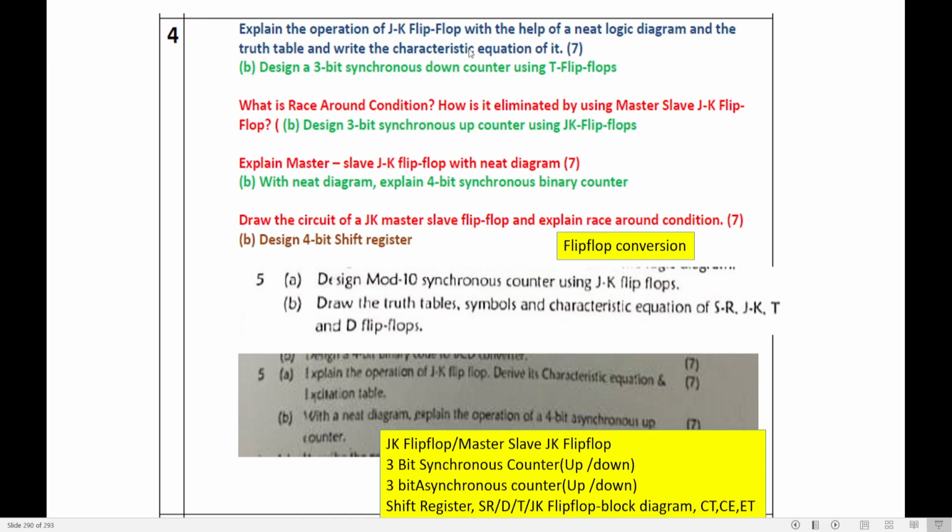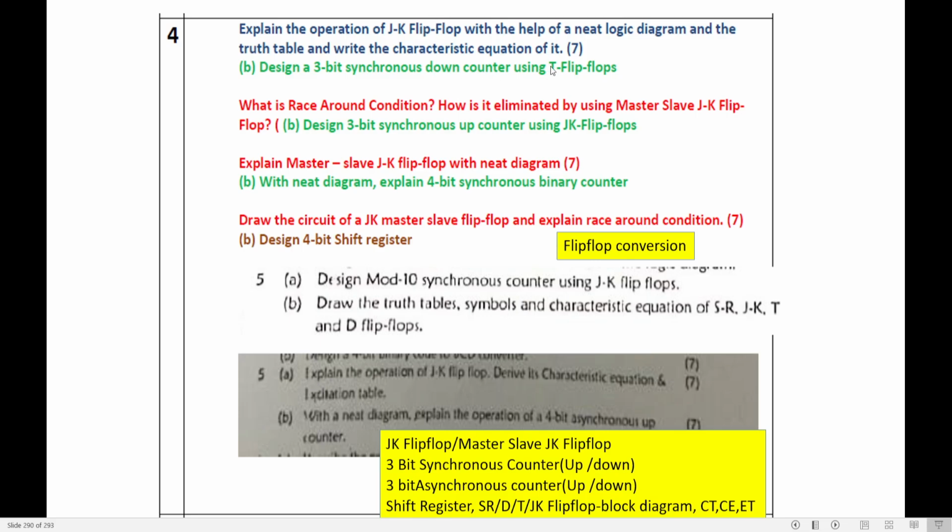It means he is asking either synchronous counter or asynchronous counter, but one question is from the counter. So the big takeaway is how important JK flip-flop is, one question from JK flip-flop you have in every year. Similarly, one question from counter, either synchronous or asynchronous counter. It can be up or down.